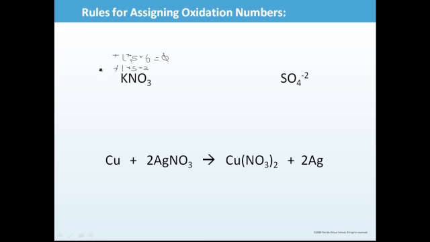All right, so let me just clarify a couple of things here. The bottom line, this is the oxidation states. So the potassium has an oxidation state of +1. Nitrogen's +5, oxygen's -2.